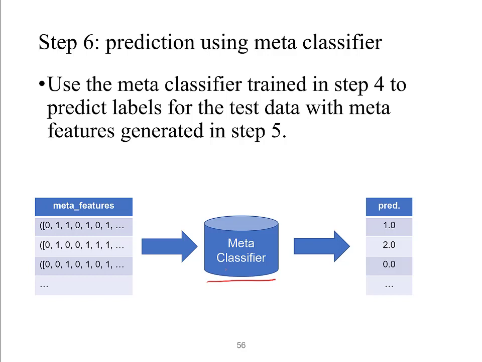So because it is the prediction phase, we only need the meta features as input of the meta classifier, and we will have the prediction. Then it's all done. All right. We can do evaluations if we like to see whether it has improved the performance or not. So that's pretty much all for the stacking part.